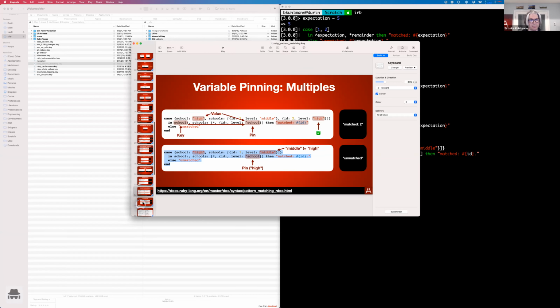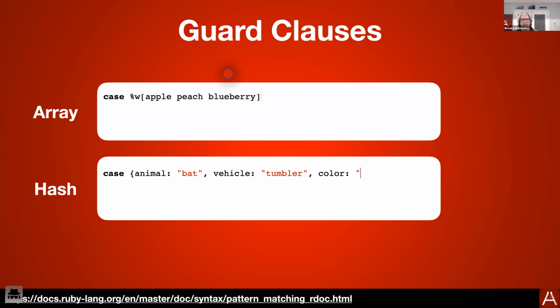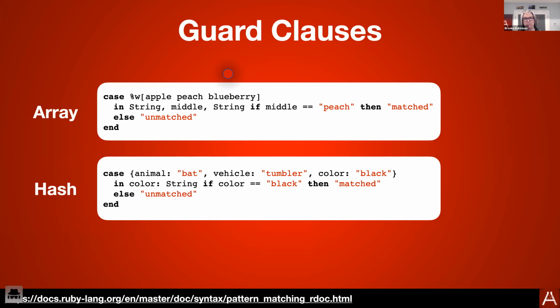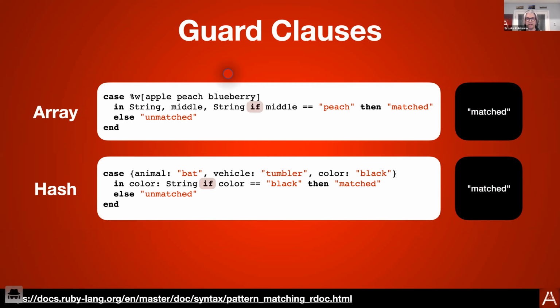Let me go back to my slides. Okay, so we've talked about variable pinning and more complex hashes or data structures. The other thing I want to point out is you can also use guard clauses here. In this case, where we have both an array and a hash, we'll get a match because we're doing an if. So we're not only checking the pattern, but the middle, which is the middle position.